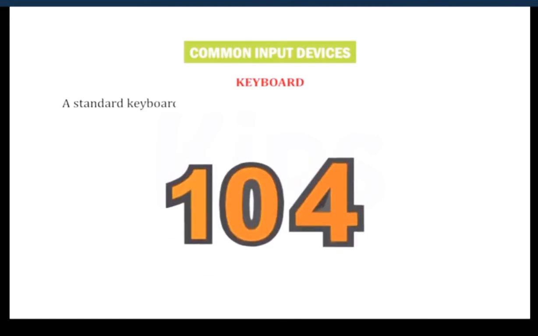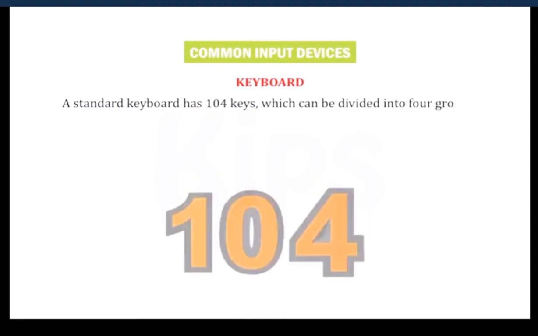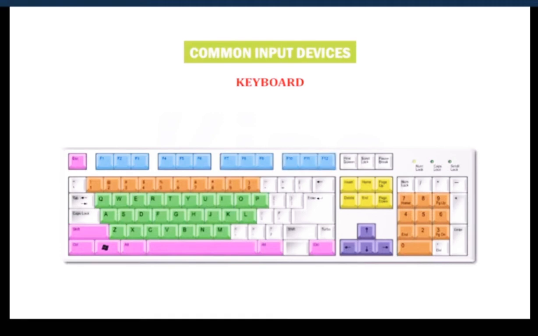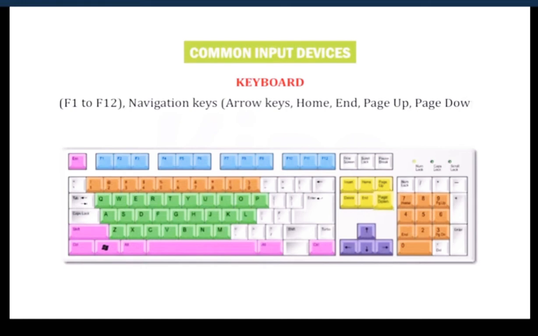A standard keyboard has 104 keys, which can be divided into 4 groups: typing keys or alphabetic keys and numeric keys, function keys F1 to F12, navigation keys like arrow keys, home, page up, page down, etc., and control keys like control, alt, Windows logo key, and escape key.